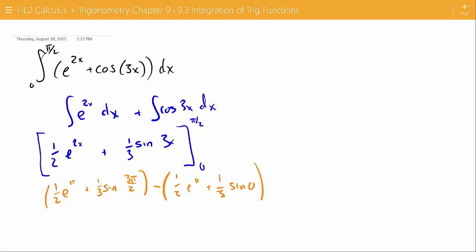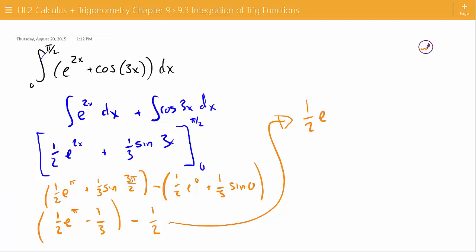And now we crunch numbers. We've got 1/2 e to the pi minus 1/3, because sine 3 pi over 2 is -1. And then we're subtracting 1/2. So this definite integral is exactly equal to 1/2 e to the pi minus 5/6.